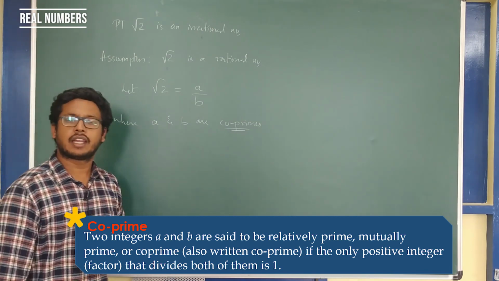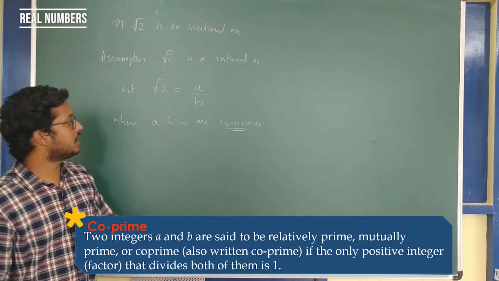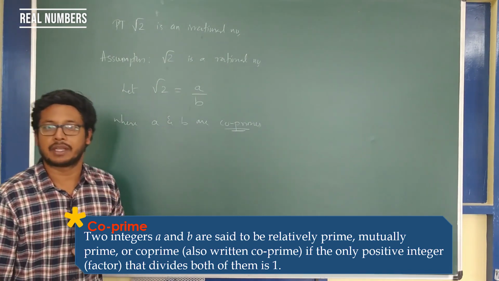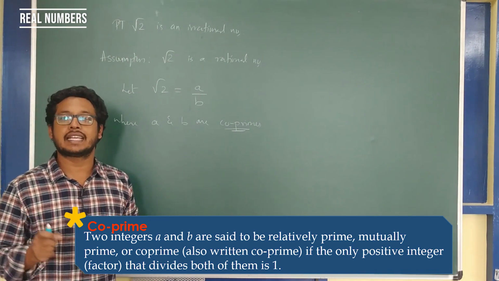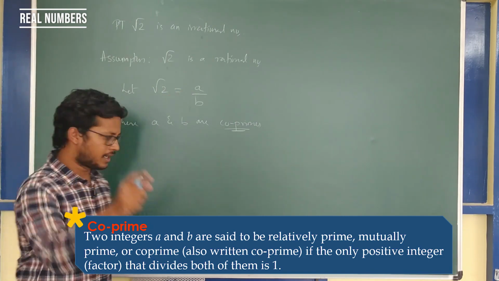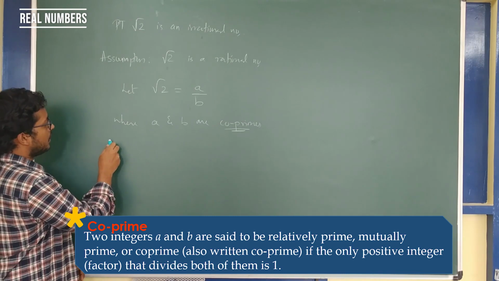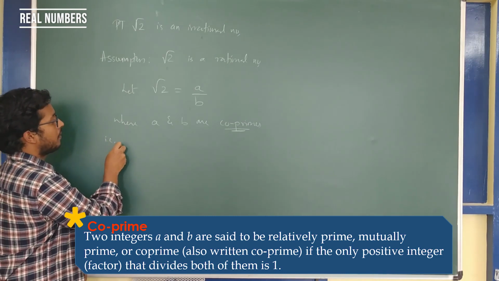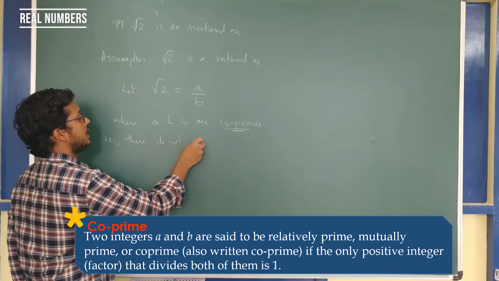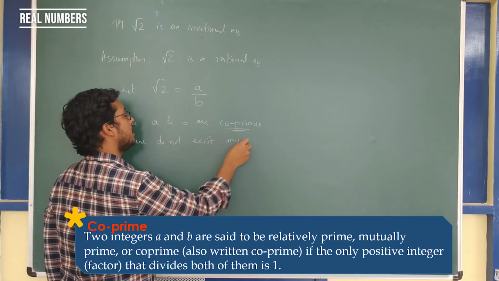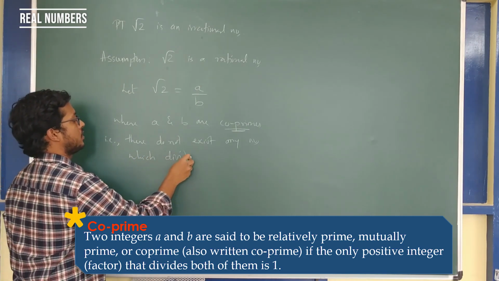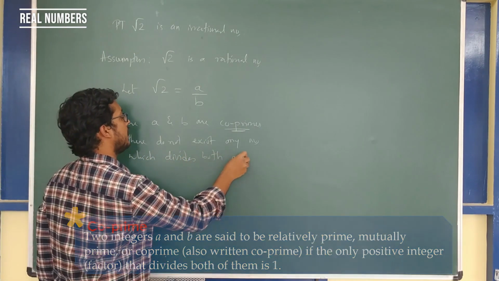If the HCF of a and b is 1, what does that mean? It means there are no other common factors between a and b, so there does not exist any number which divides a and b. I will write the first statement for you: co-prime means there does not exist any number which divides both a and b.